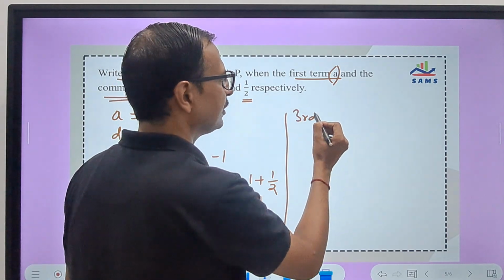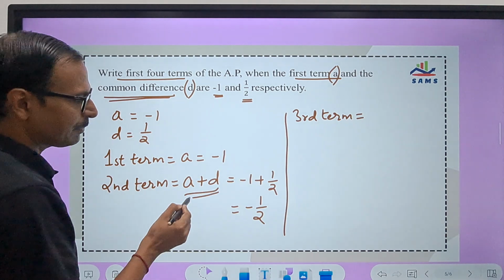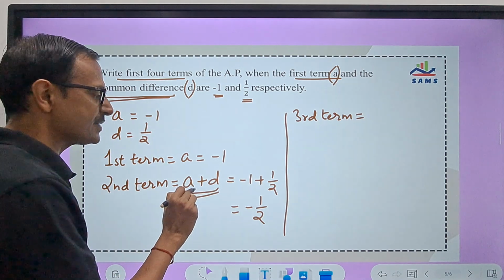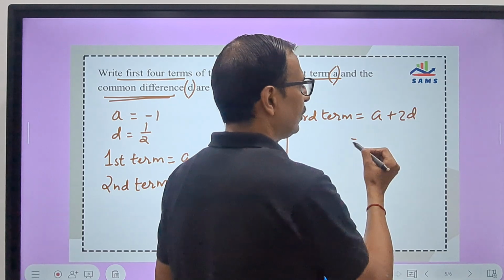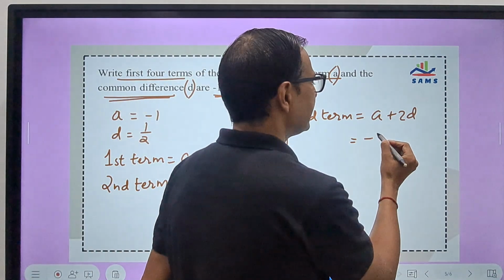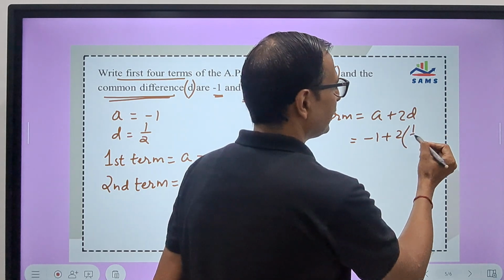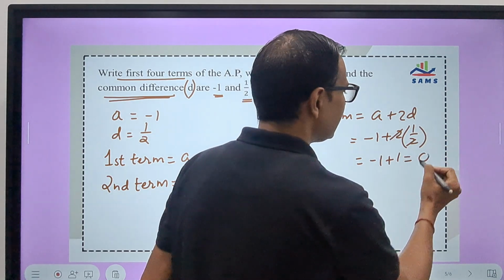The third term: second term is A plus D, so I will add one more D to this. So this will become A plus 2D. And now I have to just put the values, A is minus 1 and twice of D, half. So this is minus 1 plus 1, that is 0.